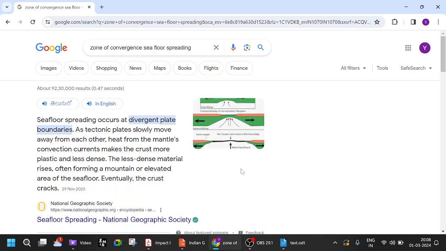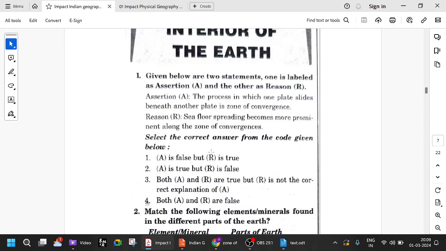You can see from the picture here also. In this particular place, the process in which one plate slides beneath another plate is called convergence zone. The intertropical zone of convergence is different. There is slight confusion with the name, but if you are talking about the convergent zone, then this is true. And seafloor spreading becomes more prominent along the zone of convergence, which is correct.